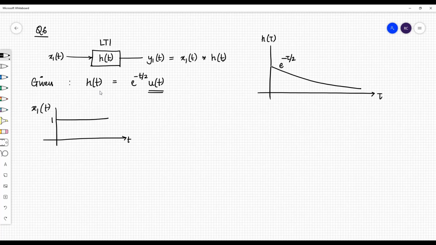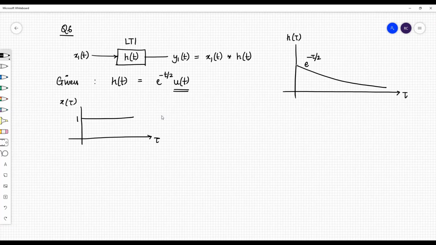Between the two, the easier one to flip and shift seems to be x1(t), so this is what I'm going to go with for flipping and shifting. First step, converting this to the tau domain, so I'm going to write it as x(tau). If this is x(tau), then what is x(minus tau)?